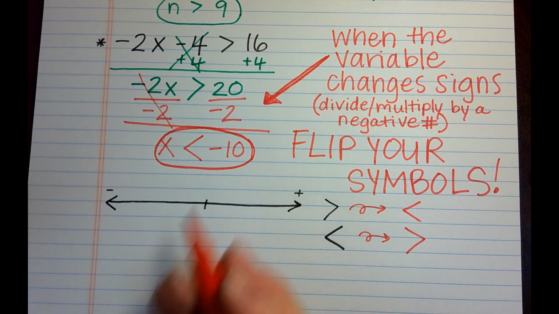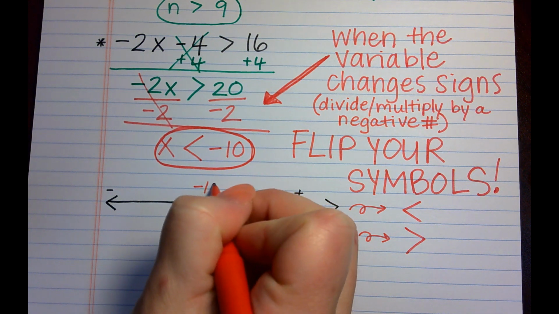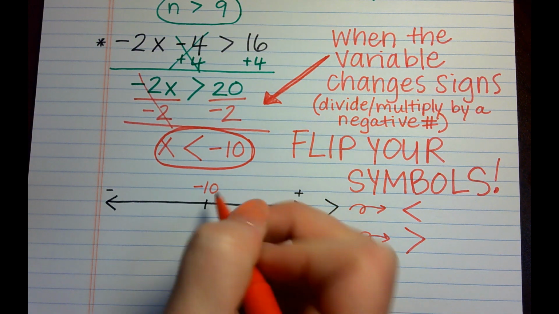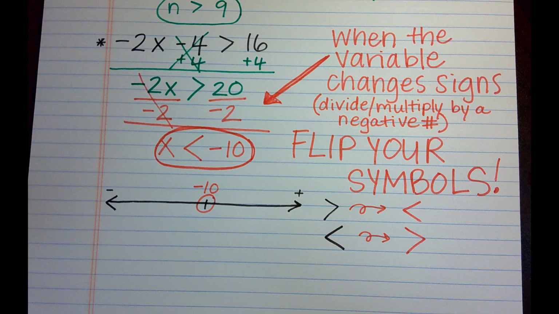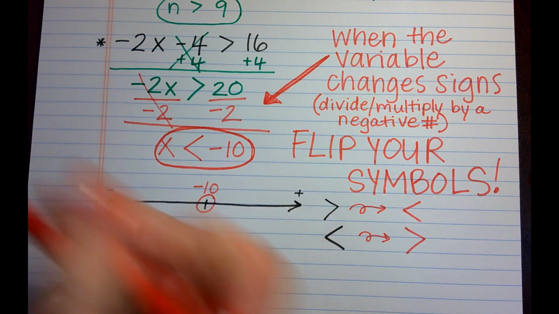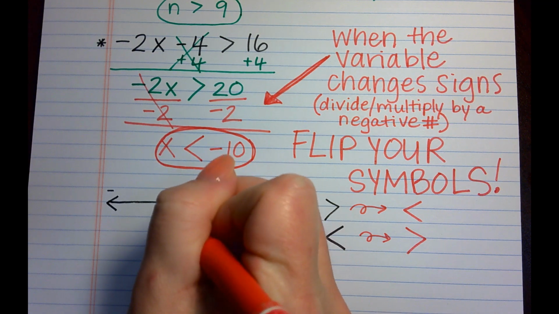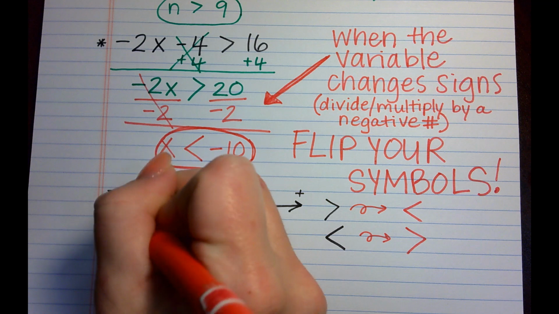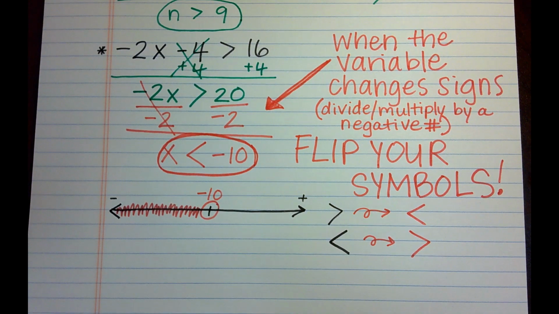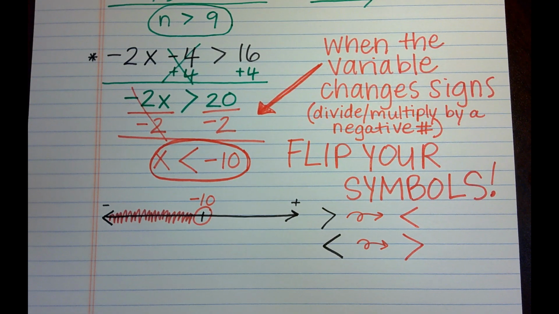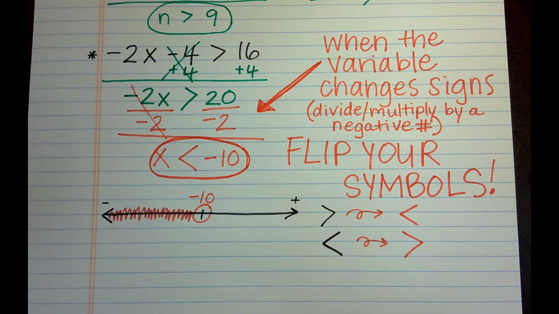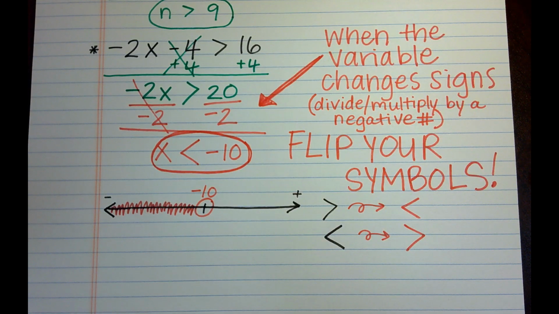You put the negative 10 on the line, circle it, and you shade to the left. It's open because it's not equal to. So those rules will stay the same.